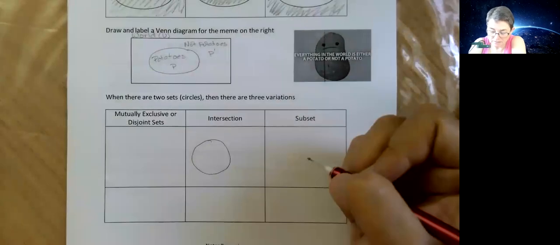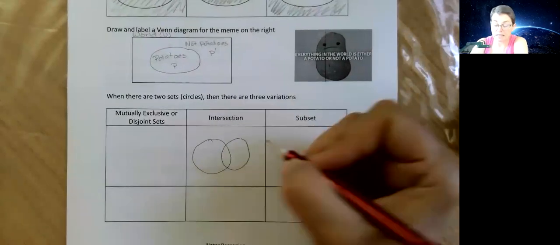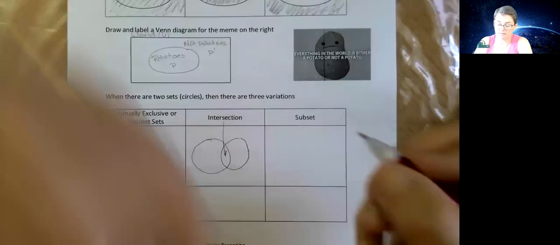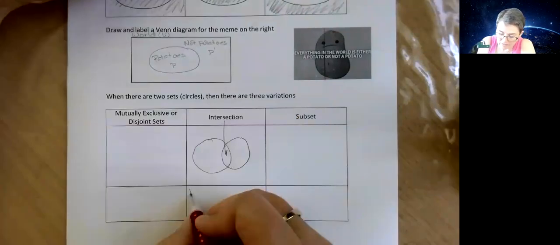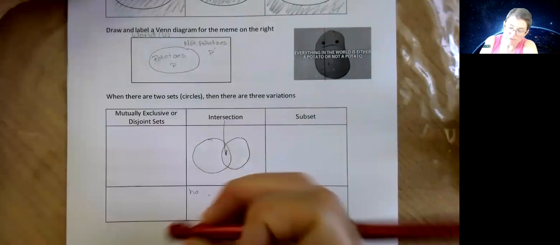Because if I have a circle and I have another circle and they intersect, this is the intersection. So these two things have some things in common.